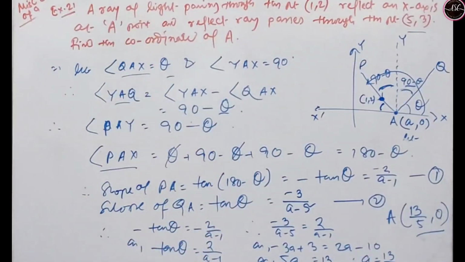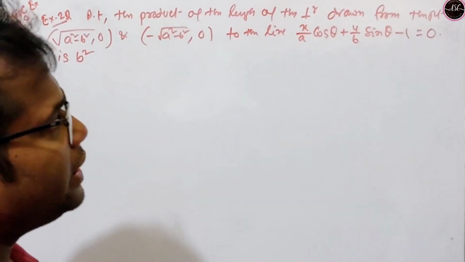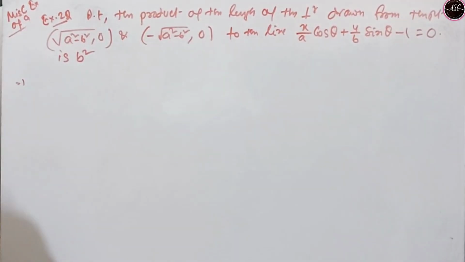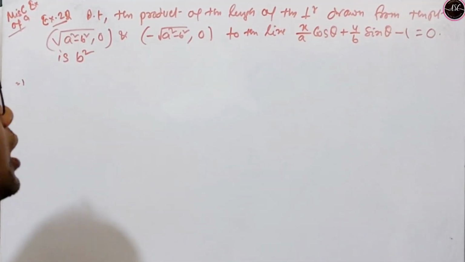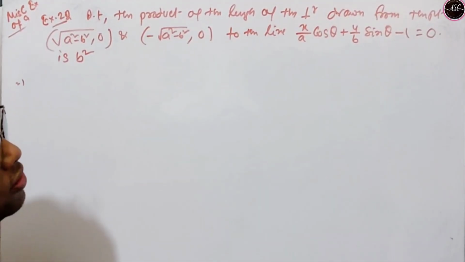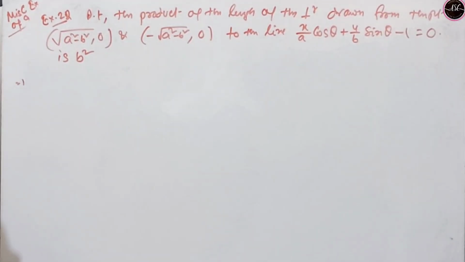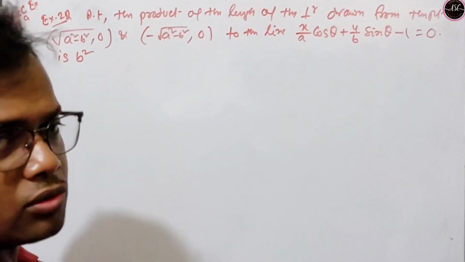Then look at this question. Prove that the product of the lengths of the perpendiculars drawn from the points (root over a square minus b square, 0) and (minus root over a square minus b square, 0) to the line x by a cos theta plus y by b sin theta minus 1 equal to 0.